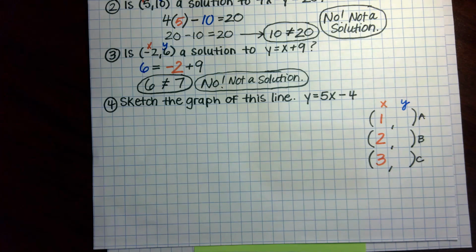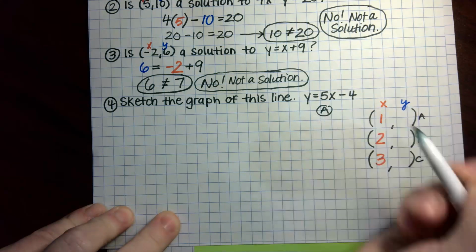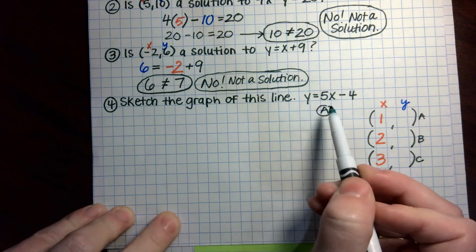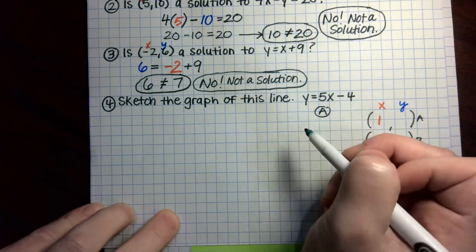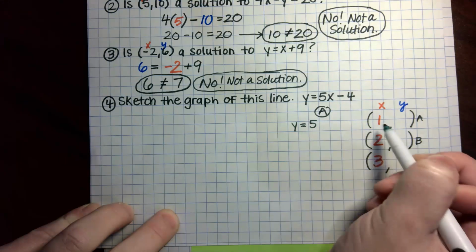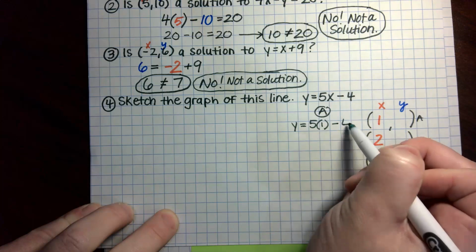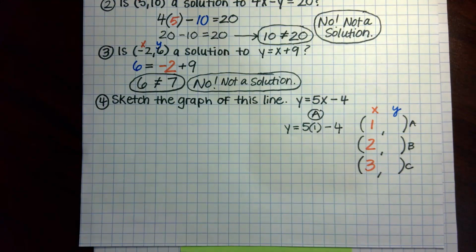Okay, so for point A, let's put a little A right here. My original equation is y equals 5x minus 4. So exactly what Michael said, we're going to do y equals 5 times, our x is going to be 1, times 1, minus 4. Okay?